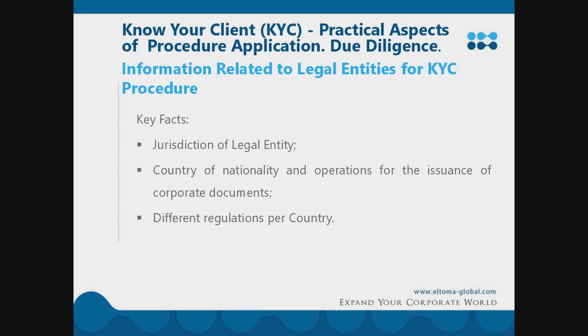Also, a key factor is the country of nationality and operations of the client, because, as you know, many countries are highly corrupted, and you should check if the country of origin of the company or of the client is a normal country or a really corrupt country. So you need to check the client more, and also different regulations per country as well.